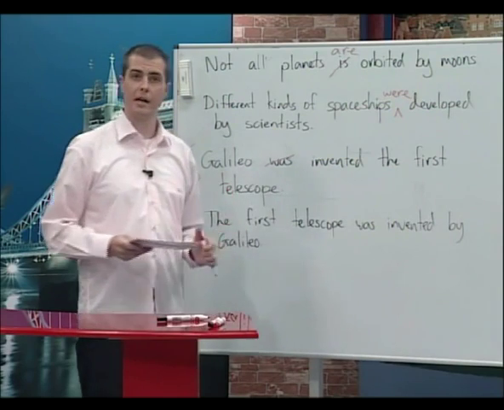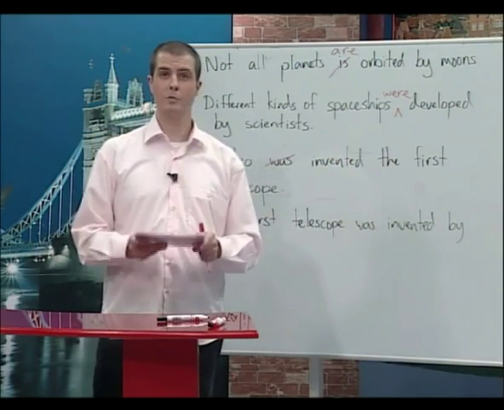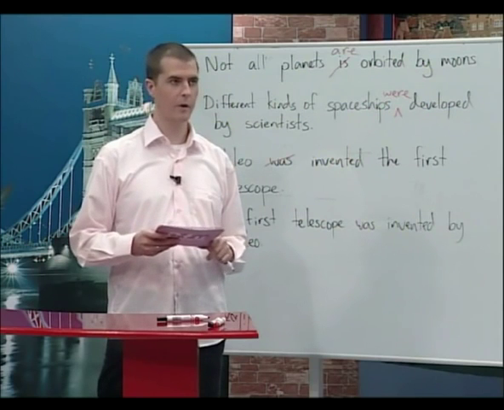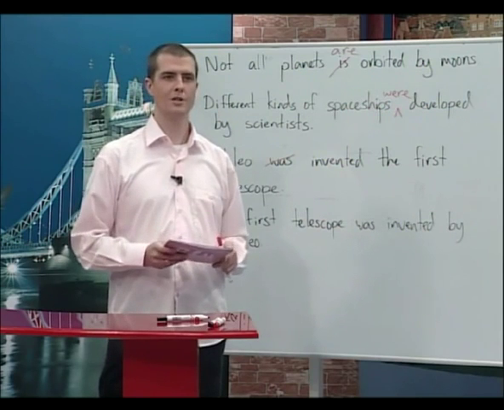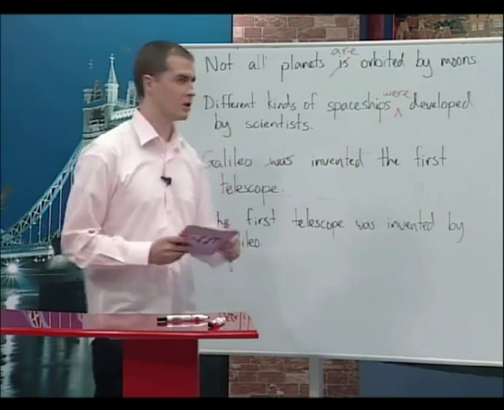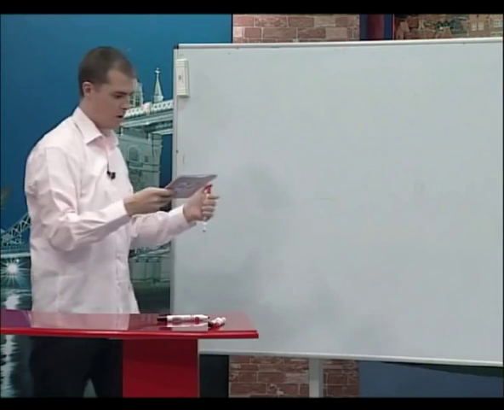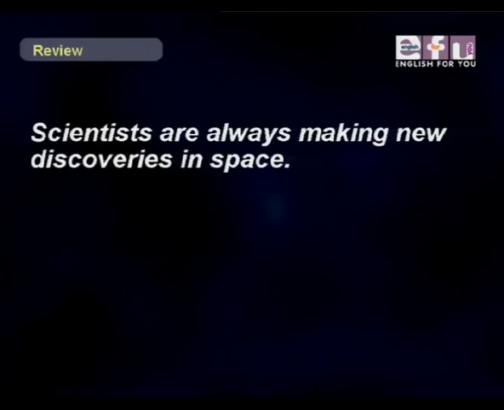Right, well, let's try an exercise now using the passive voice with present continuous. I'll give you a sentence in the active voice, and you change it to the passive, and we'll use the present continuous. And the first sentence goes to Rosa.